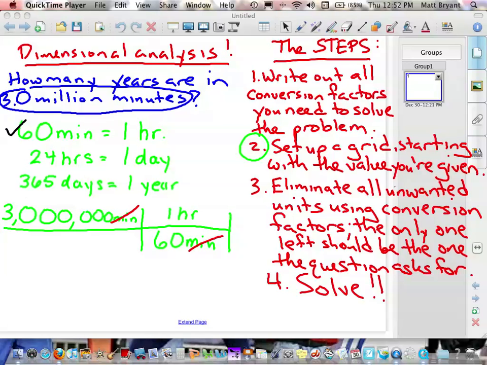All right. Now, if we look at our last two conversion factors, this one's going to be very useful, where we've got 24 hours in 1 day, because it looks like we can go from hours to days.